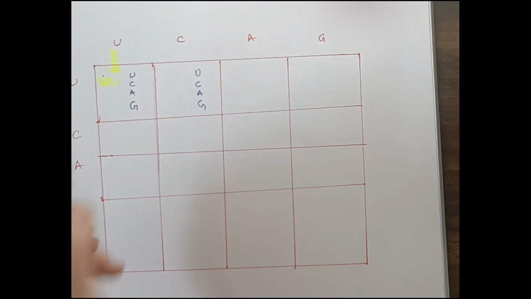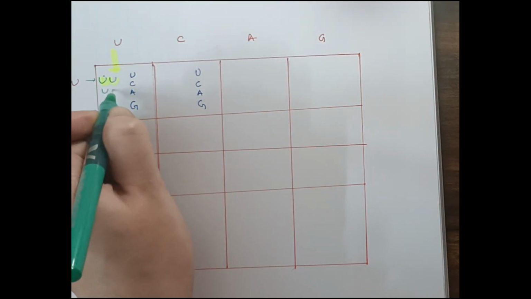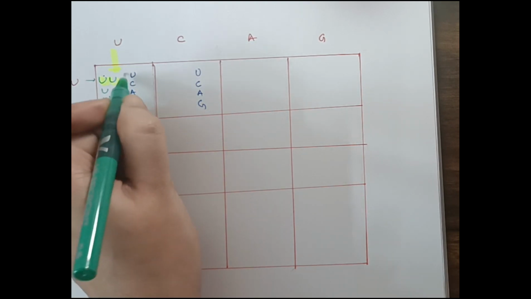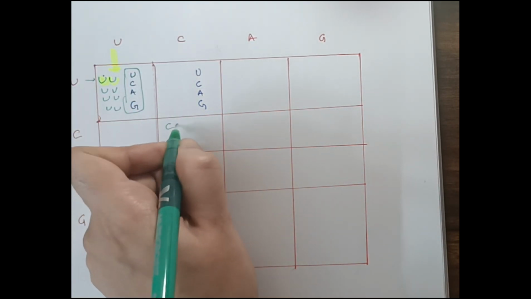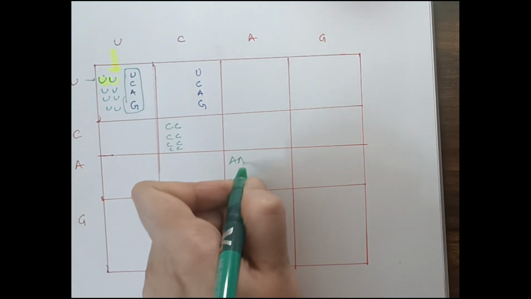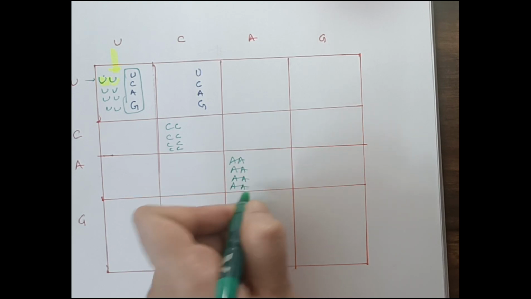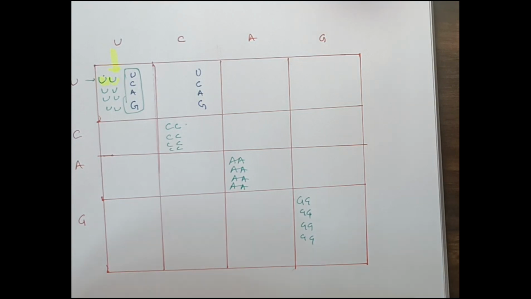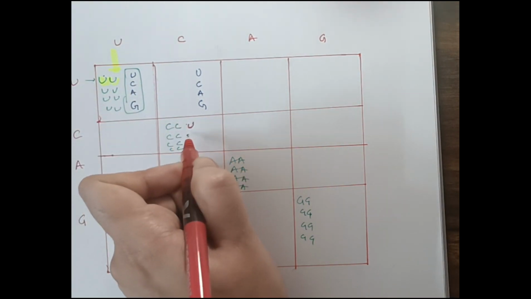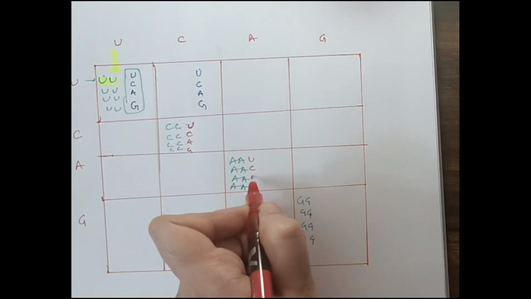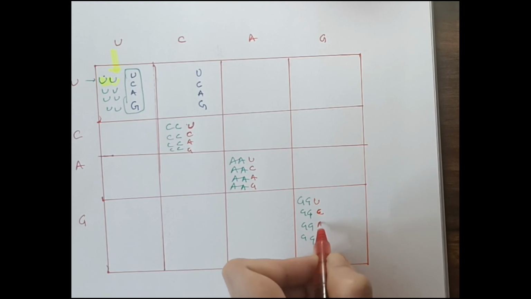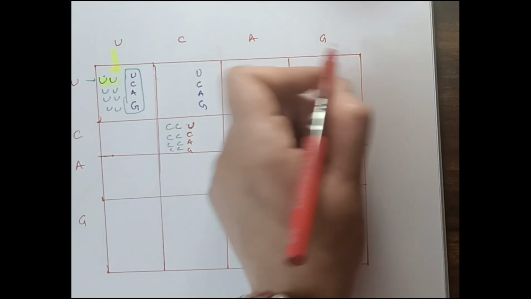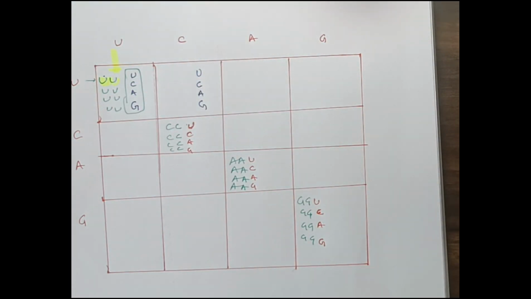You can see the table. Write four codons by changing the third base, for example UUU, UUC, UUA and UUG. Next to each codon write the corresponding amino acid, using the chart provided. So UUU is phenylalanine, and UUA and UUG are leucine. Do this for all 16 blocks using the codon chart.